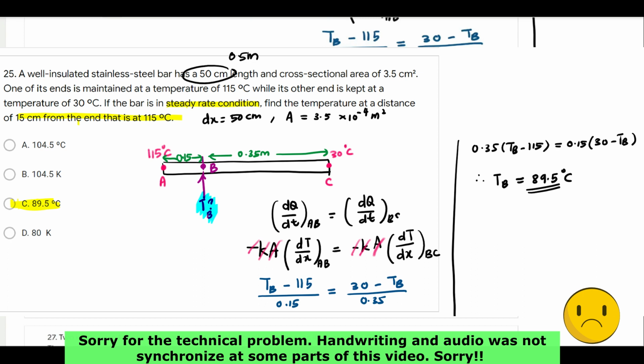And then awak kena faham kawasan yang saya colourkan warna kuning ini, 0.5 mm ini. Bila kita tiba pada temperature itu, at that temperature sebenarnya 0.5 mm tu adalah hasil tambah pemanjangan daripada brass rod dan juga copper rod. So saya ada dua equation dekat sini.